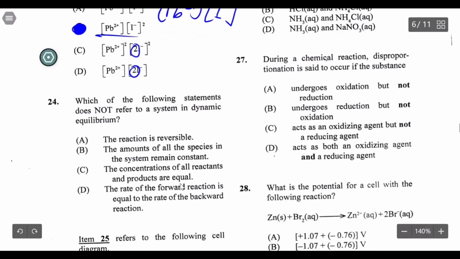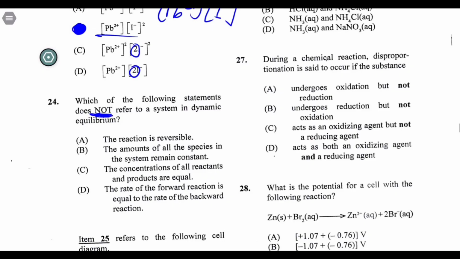And 24 says, which of the following statements does not, pay attention to the not, refer to a system in dynamic equilibrium? A, the reaction is reversible.